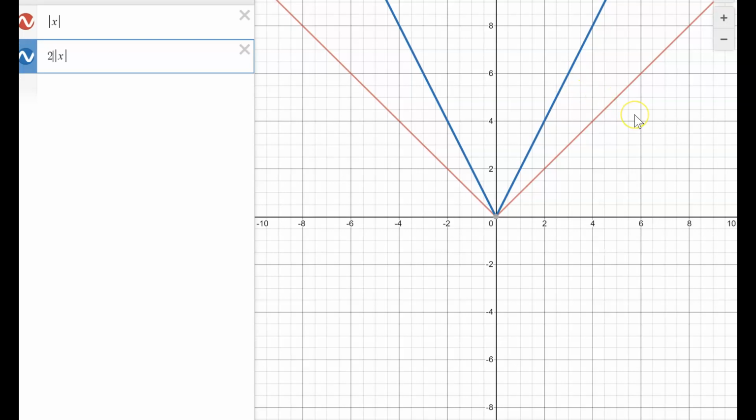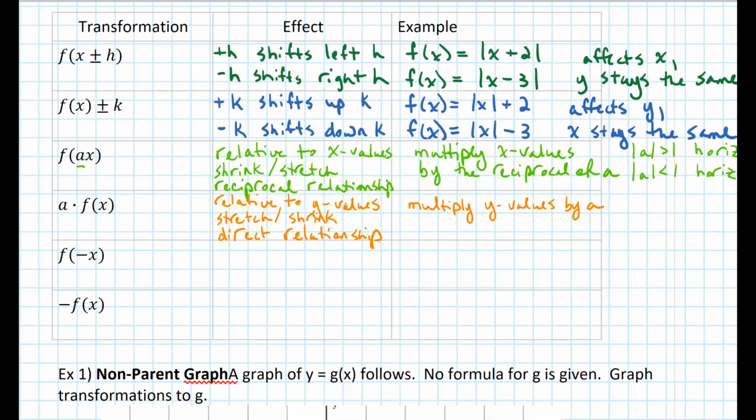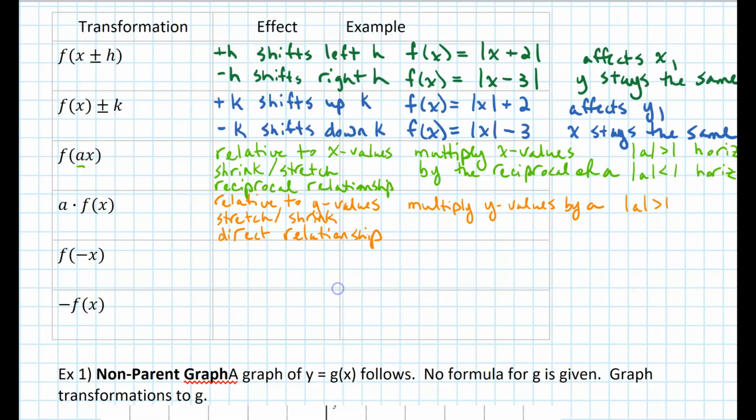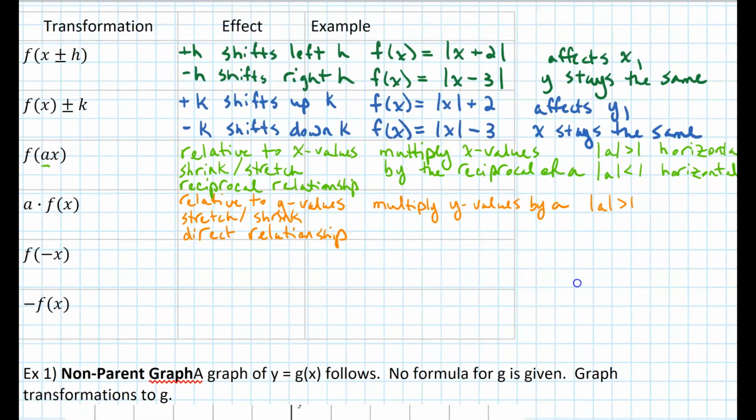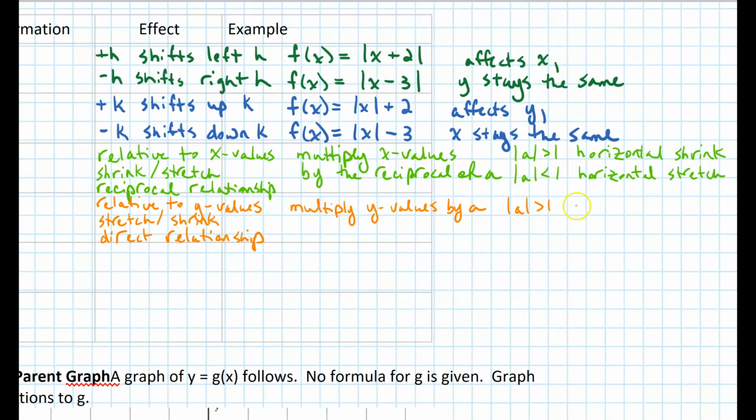But now we're talking about its relationship to the y, and so now we're going to say it's a vertical stretch. All right, so what we have here is a vertical stretch. The absolute value of A is greater than 1. Now we get a vertical stretch.